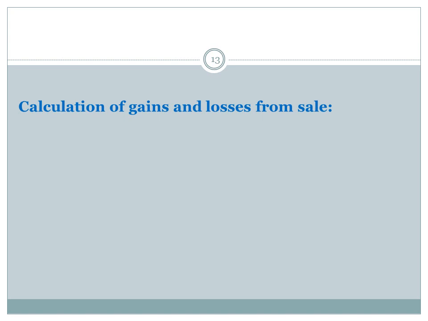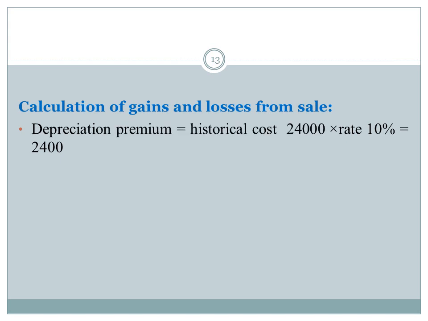Calculation of gains and losses from sale. Depreciation premium: historical cost for the asset equals 24,000, multiplied by rate of depreciation 10%, so the depreciation premium equals 2,400.